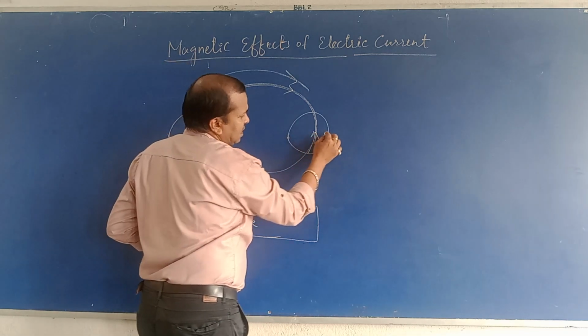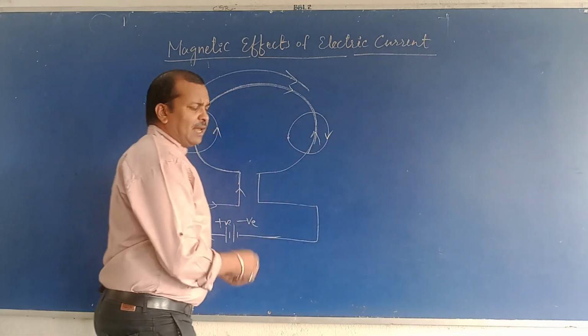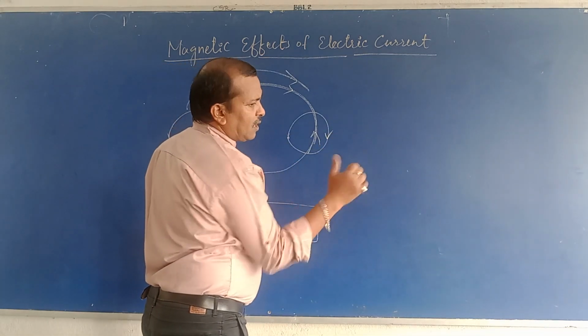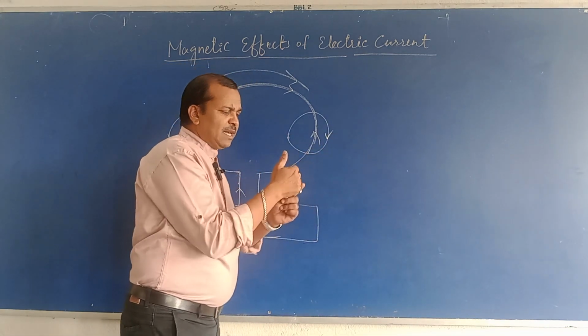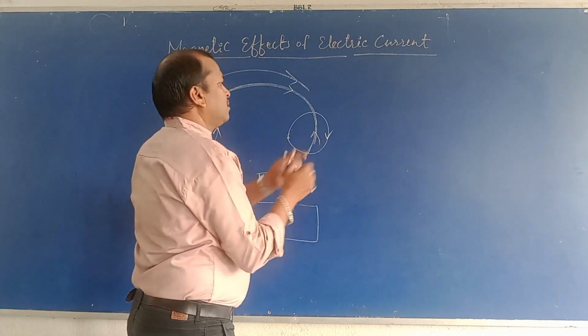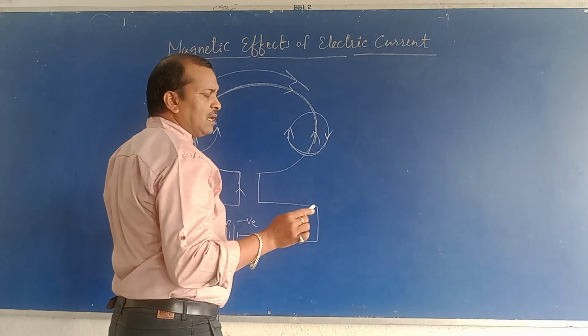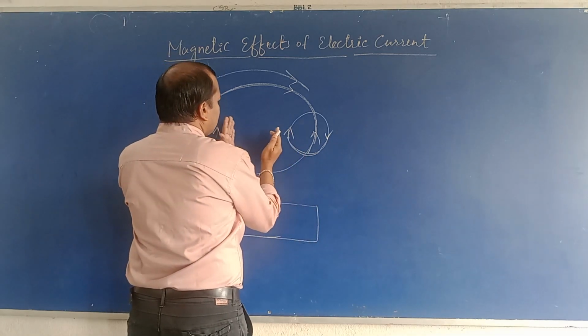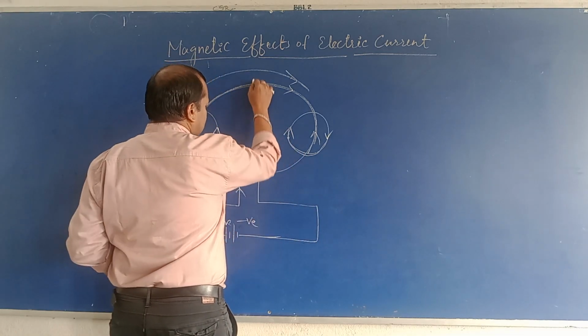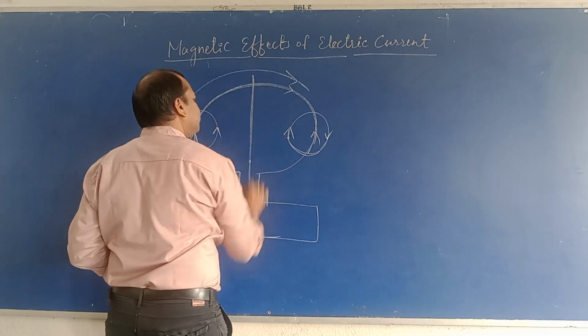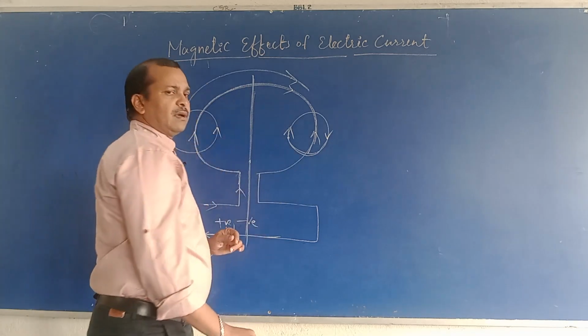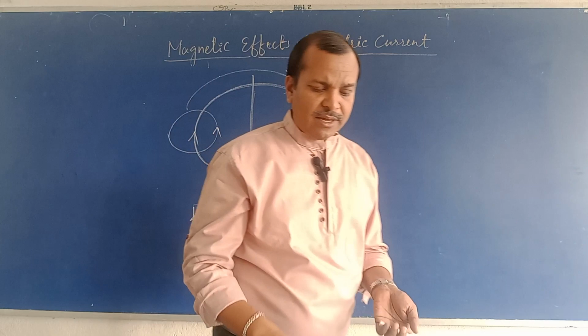Here the current is downward, so magnetism will be like this. Look at my thumb. When it comes closer to the center, it becomes a straight line.